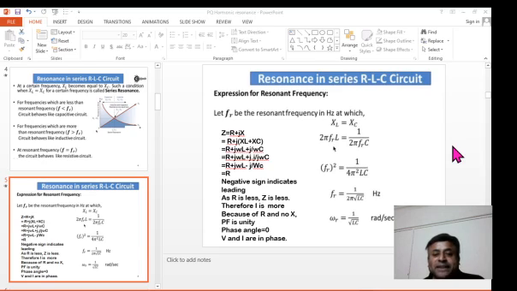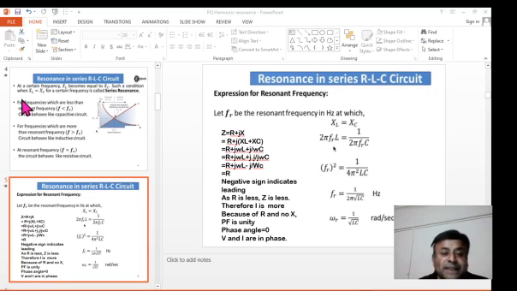So this is the condition of series resonance: at series resonance the circuit is resistive, XL and XC cancel, and being R only, it behaves as a pure resistive circuit, therefore the power factor is unity and the phase angle between V and I is 0. These are the conditions of series resonance which you must remember from the exam point of view.